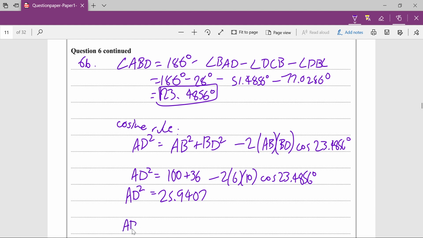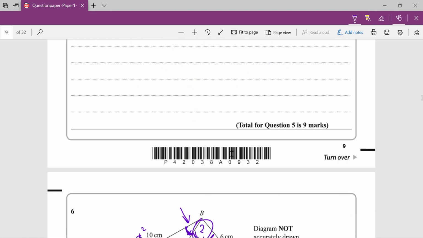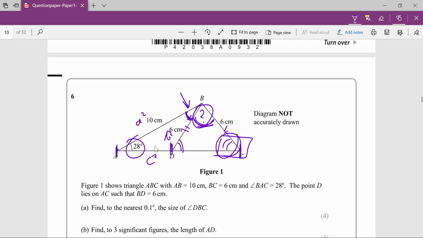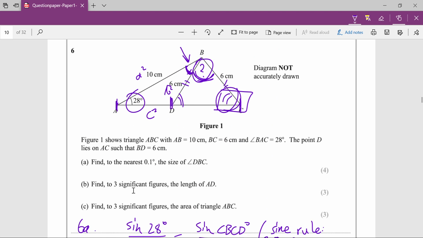And so AD will be the square root of this number, which would be 5.09 centimeters to three significant figures. Alright, so now we know it's 5.09 centimeters to three significant figures, which is what we were asked to get.